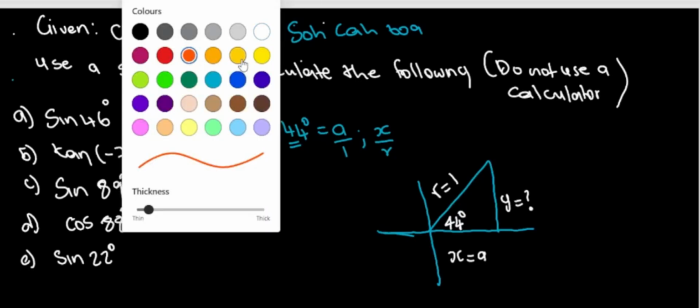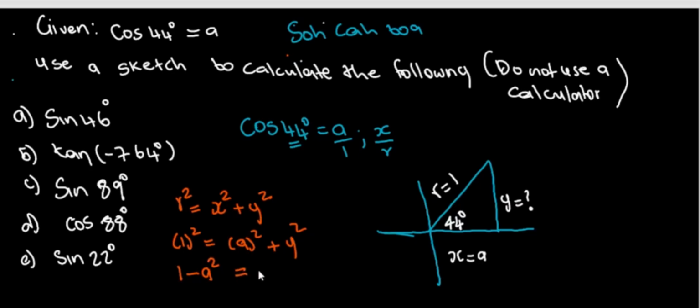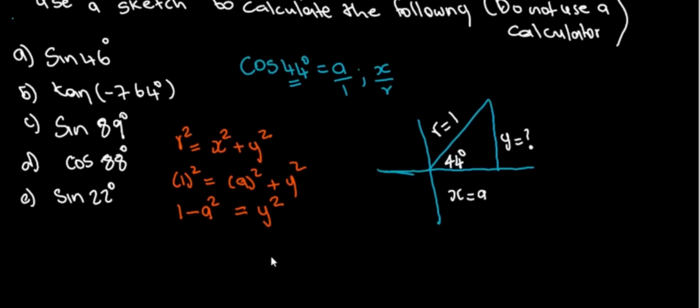So we can substitute it back on that equation. We use the formula r squared is equals to x squared plus y squared. What is r? 1. And the value of x is A. So I'm going to substitute this as A, and we are looking for y. If we solve this, it is 1 minus A squared, which is equals to y squared. We need to square root both sides so that we can find the value of y.